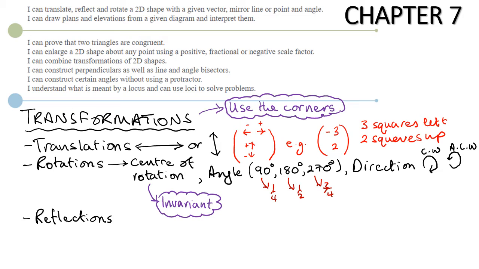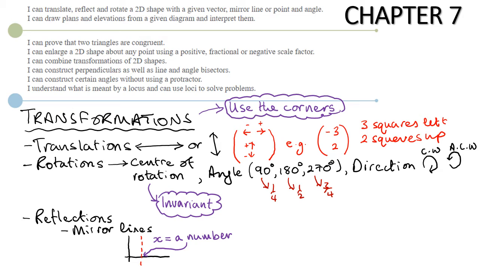Next thing we're going to be looking at are reflections. Now the important thing you need to know about this are the mirror lines. Where are the mirror lines? Now the way that we describe the mirror lines at higher GCSE is by using an equation. Now if the mirror line goes down like this, the equation of that mirror line will be x equals a number, and that number will be the number of the coordinate here where it crosses the x-axis.